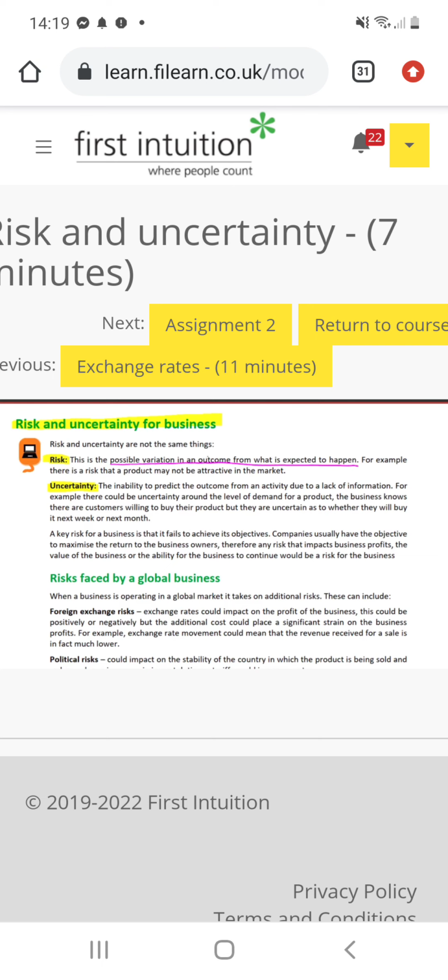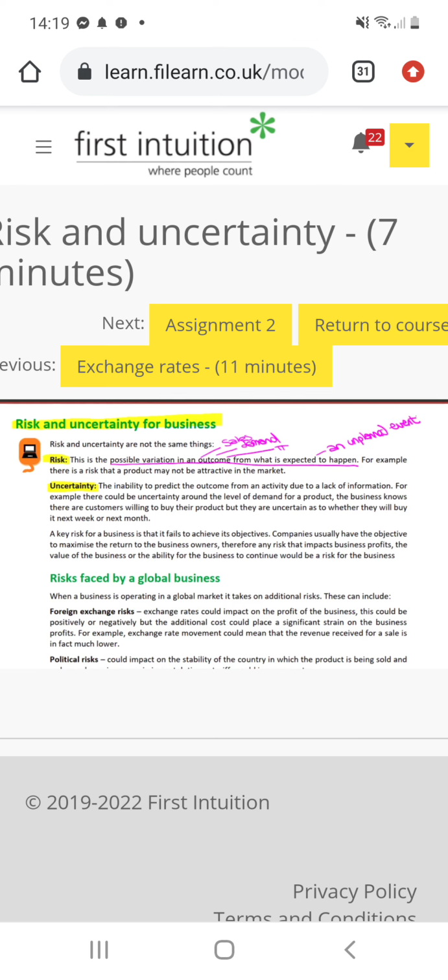When we talk about outcomes, it could be a variation in sales, a variation in demand, and perhaps that impacting on the profit for an organisation. And where it's talking about what's expected to happen, perhaps due to an unplanned event.